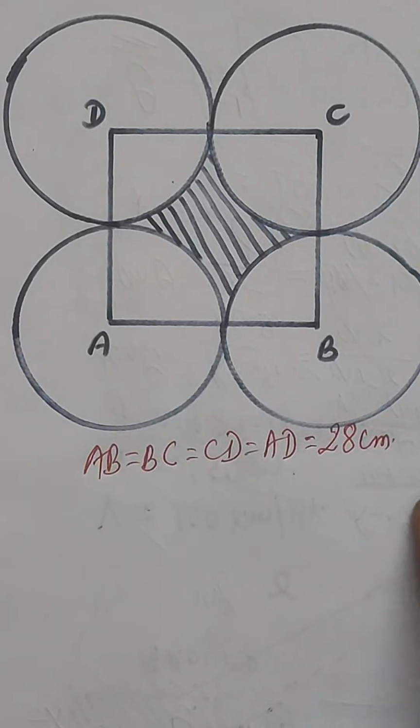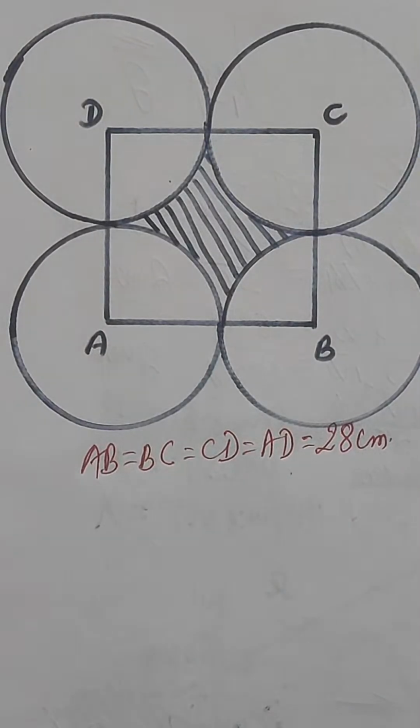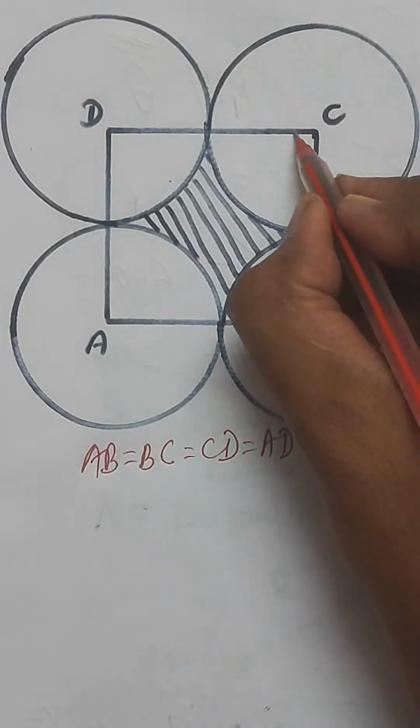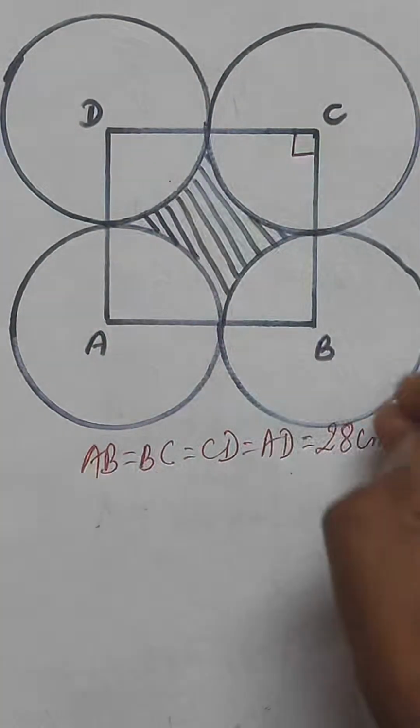Now after this, what is the data given? Find the area of the shaded region. Take pi equal to 22 by 7. So nothing else is given to you. Now we need to find the area of this shaded region. So to find the area of this shaded region, what will we do? Let us see. Here you can see the angles formed by the square.